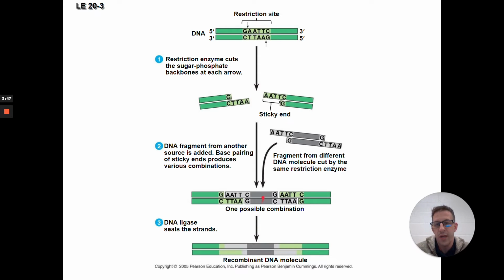And so in this way we can actually manipulate DNA as well. We can take DNA that wasn't in our genome and we can put it into our genome, and that's what we see happening right here. And in the end we can use DNA ligase to seal the little gaps here and create basically one continuous strand of DNA. So there are multiple ways that we can use these restriction enzymes for our benefit.